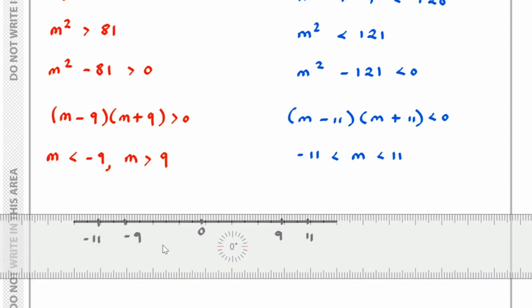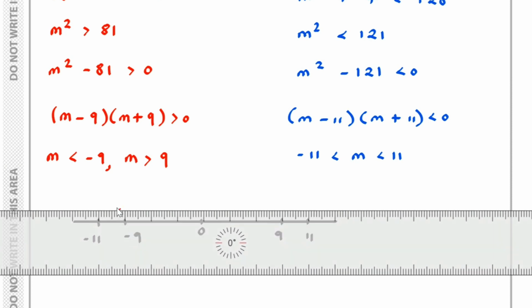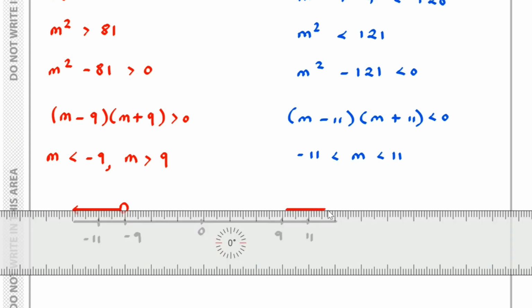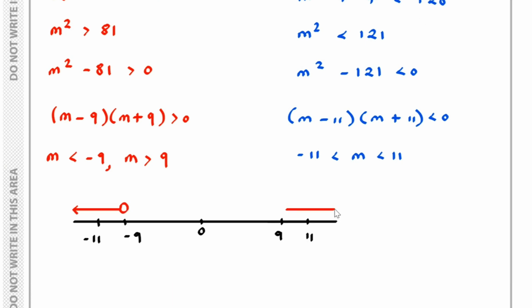So if I show that on my number line, here is that solution. And I've also got m being greater than 9, so that would imply I've got a solution here.